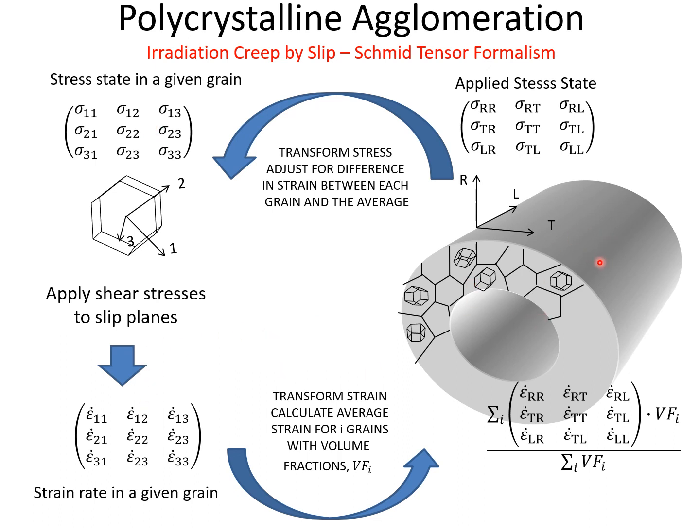But anyway, the accumulation of the strain is a function of the volume fraction, and so we need to know how much volume fraction of each grain there is in the material.